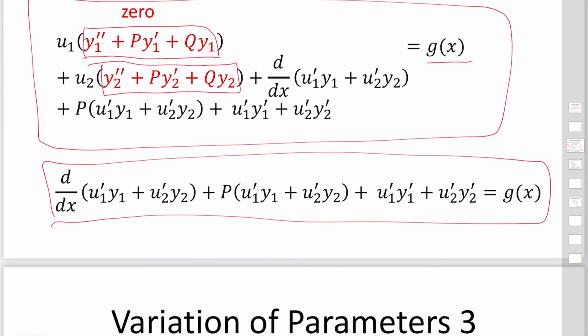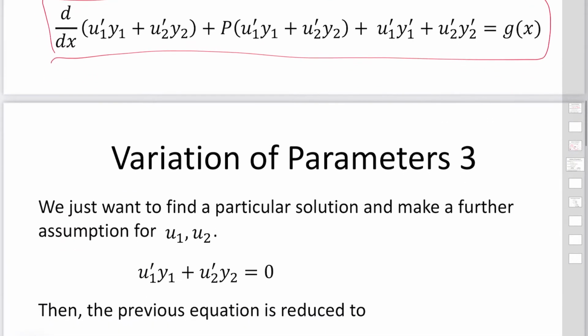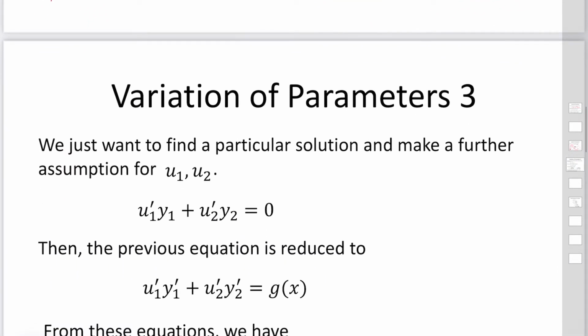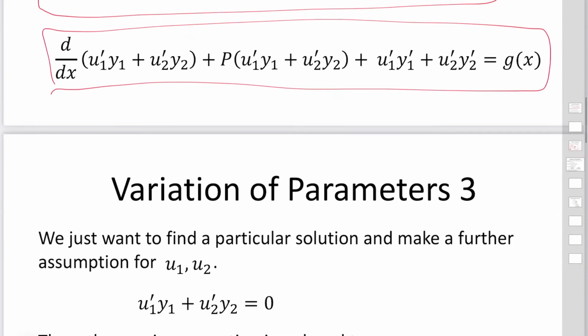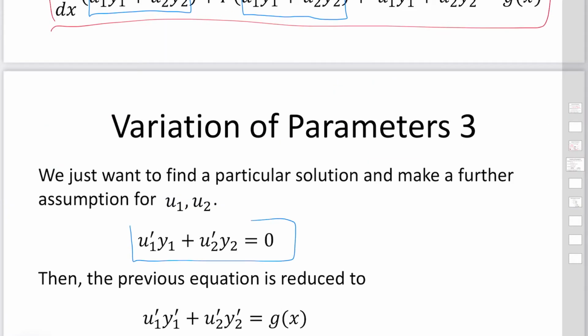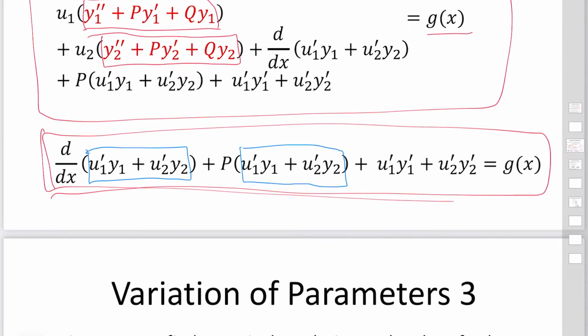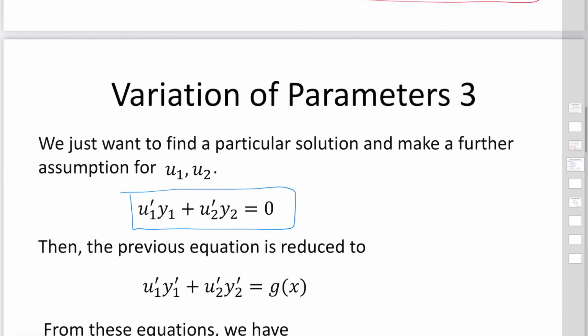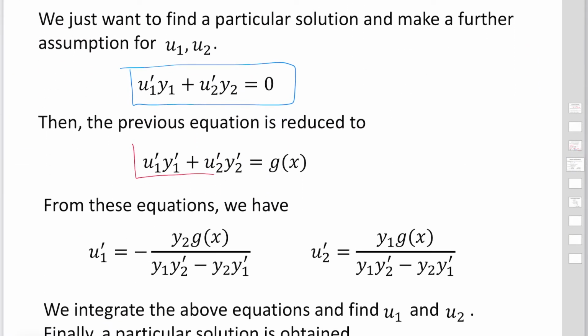We'd like to solve these differential equations, but the main objective of this calculation is to find the particular solution. So we make a further assumption for u sub 1 and u sub 2.